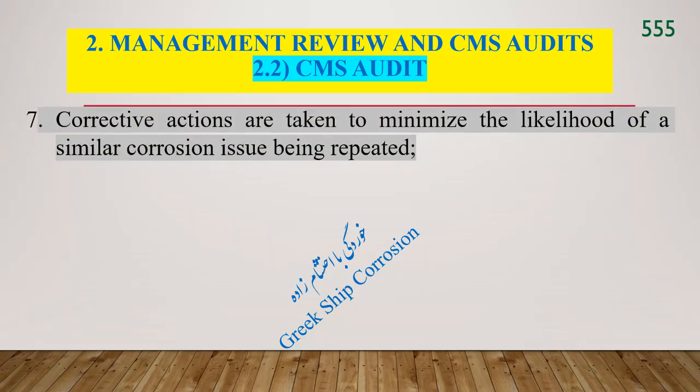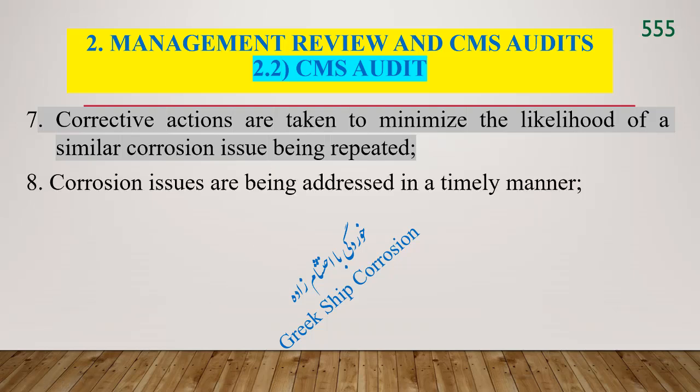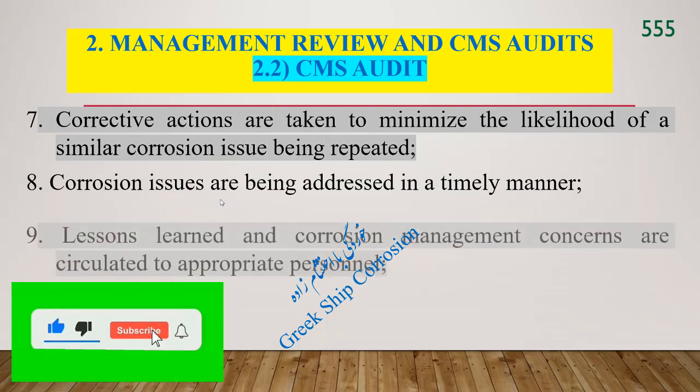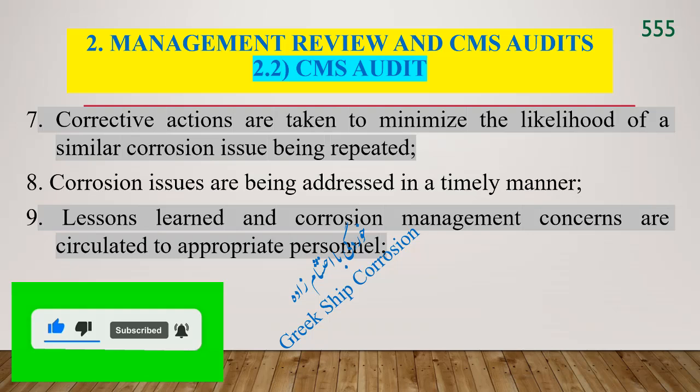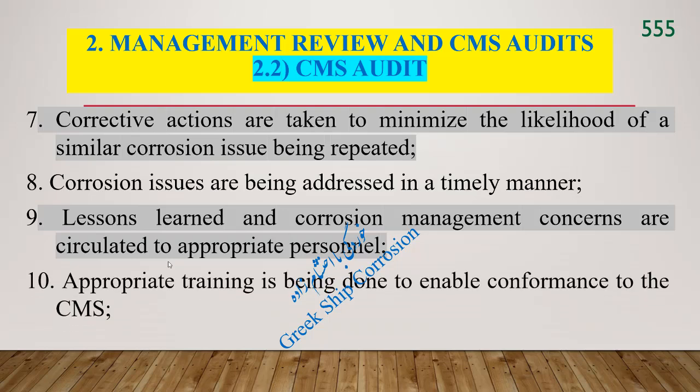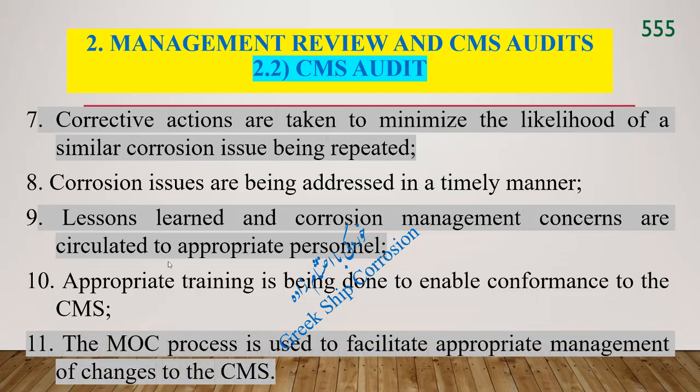7. Corrective actions are taken to minimize the likelihood of a similar corrosion issue being repeated. 8. Corrosion issues are being addressed in a timely manner. 9. Lessons learned and corrosion management concerns are circulated to appropriate personnel. 10. Appropriate training is being done to enable conformance to the CMS. 11.